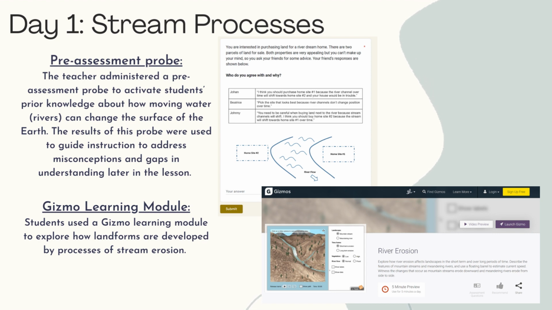The teacher then facilitated an open discussion to assess student current knowledge on the topic, and students explored how landforms are developed by processes of stream erosion using the Gizmo Exploration Guide. This Gizmo allowed students to explore stream processes and develop an understanding of landscape evolution over time.